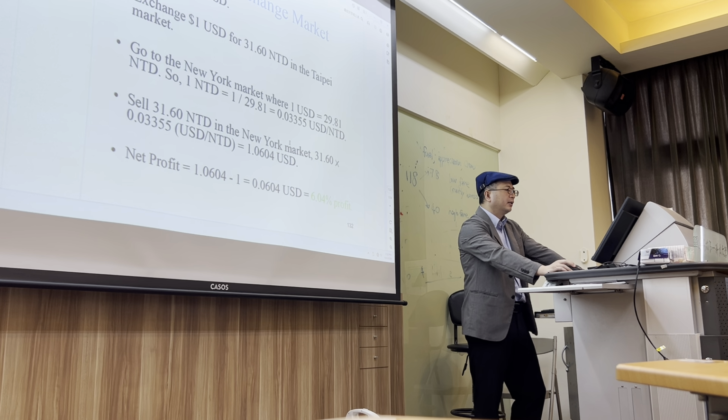Imagine we have an arbitrager with 100,000 USD. The arbitrage steps he can take are as follows. He can first exchange the 100,000 USD for 11.374 million Japanese yen in the Taipei market. Then in the New York market, he can sell that to purchase 87,000 euro.